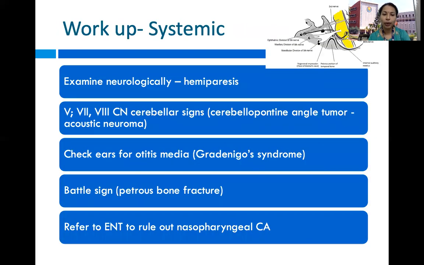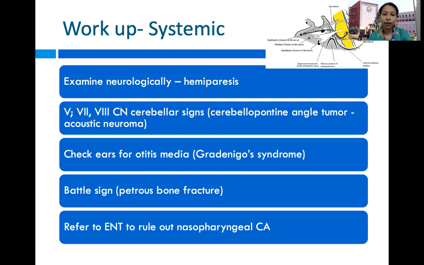The systemic workup will include examination of other neurological signs, carefully looking for any hemiparesis and involvement of other cranial nerves like the trigeminal, facial, or the eighth cranial nerve. Also look for any cerebellar signs like ataxia or intention tremors, which can indicate a CP angle tumor.